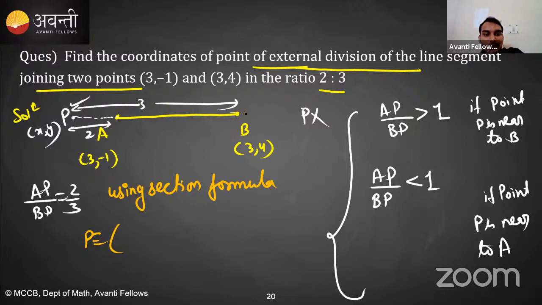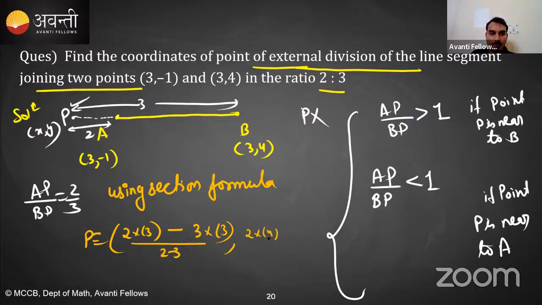So it will get multiplied with the coordinate of A. So it means 2 into 3, and in external division the minus sign is there, so minus 1 into 3 upon 2 minus 3, comma 2 into 4 minus 3 into minus 1, 3 into minus 1 upon 2 minus 3.